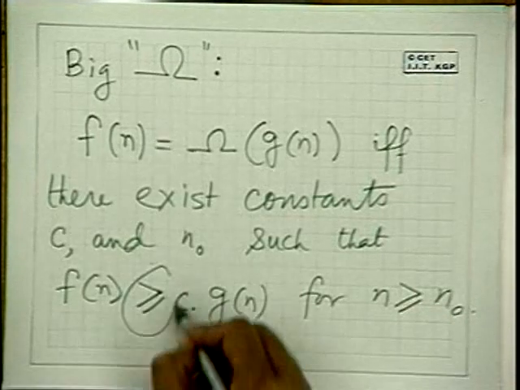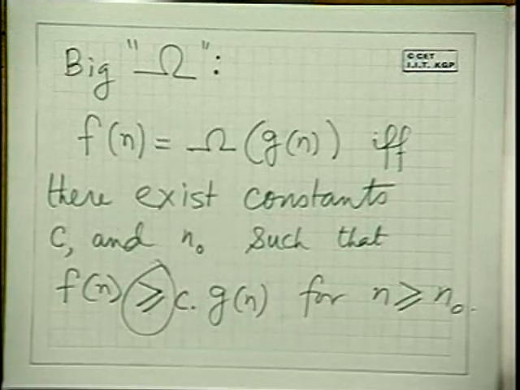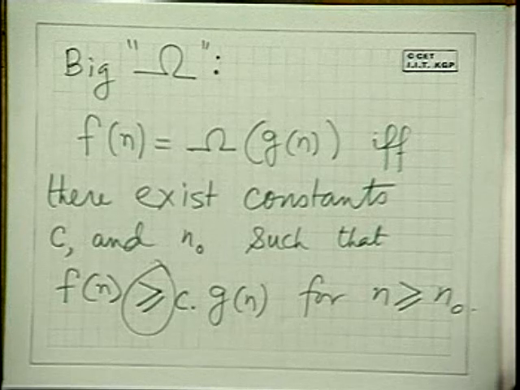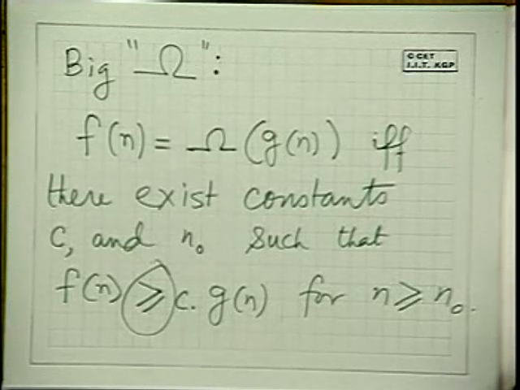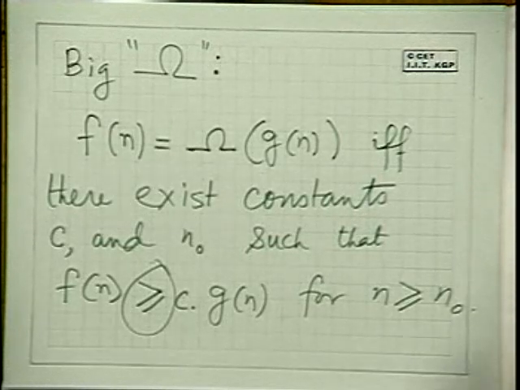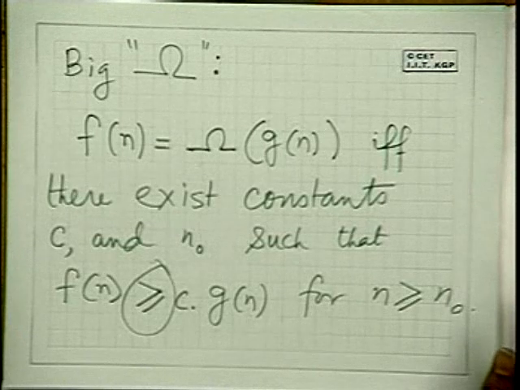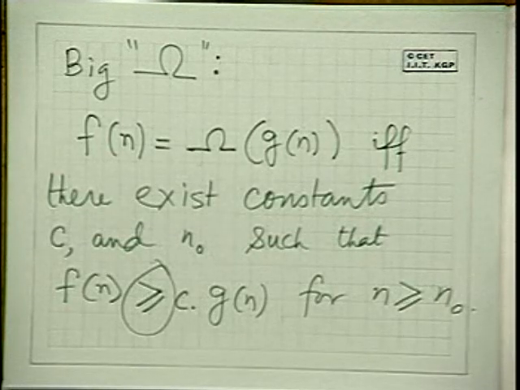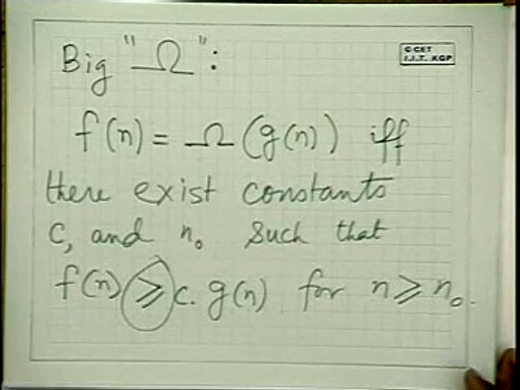So this is the change. Previously it was less than or equal to, now it is greater than or equal to. Then you say f(n) is omega of g(n). You write the definition and just see what it means.